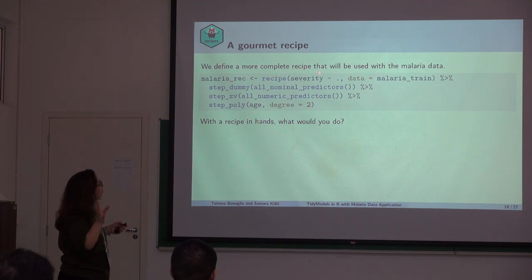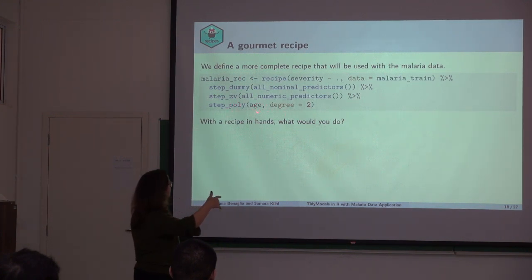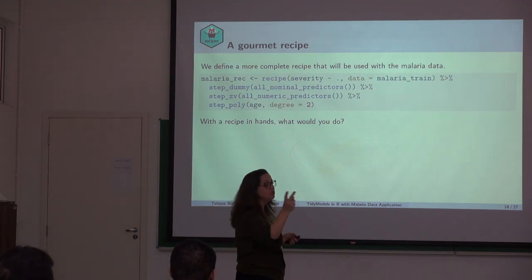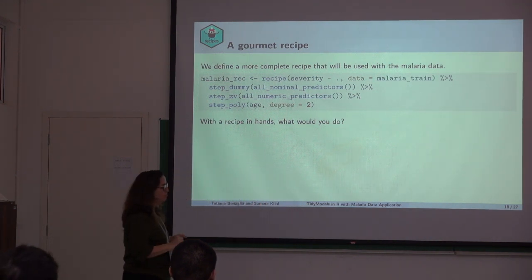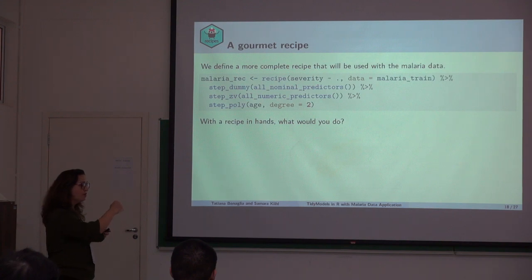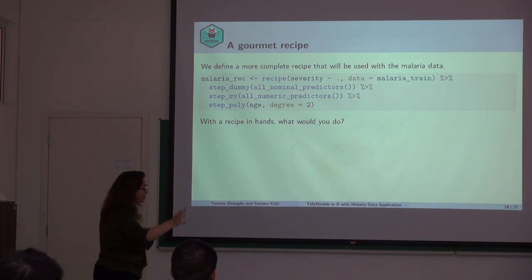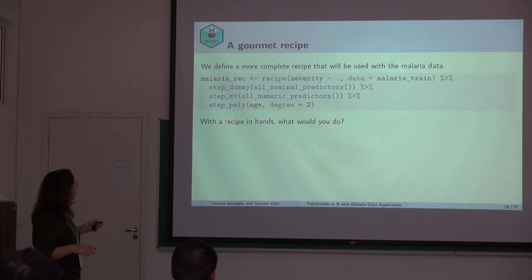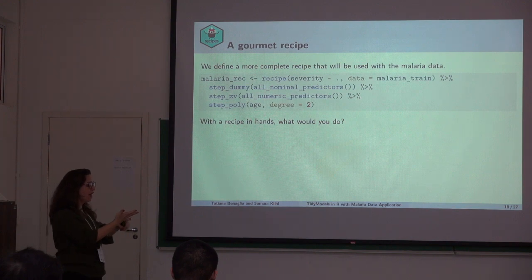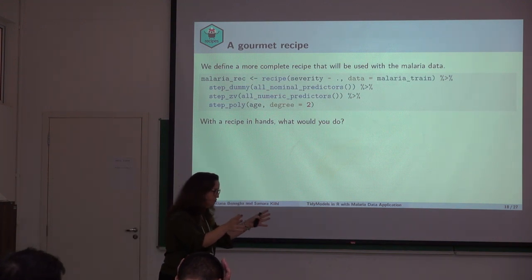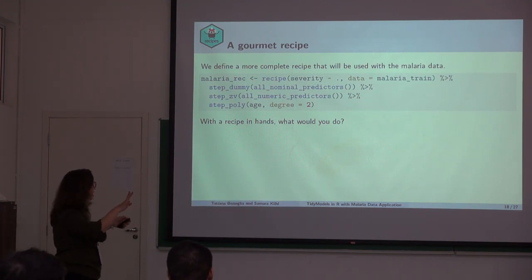Like here, a more complex one. Age is the only continuous predictor that we have. So just to show you, we could define a second degree polynomial to fit here. So we already create the x squared, and they are orthogonal. So once I have my recipe, everything I should do, like I say, you need flour, sugar, anything else.